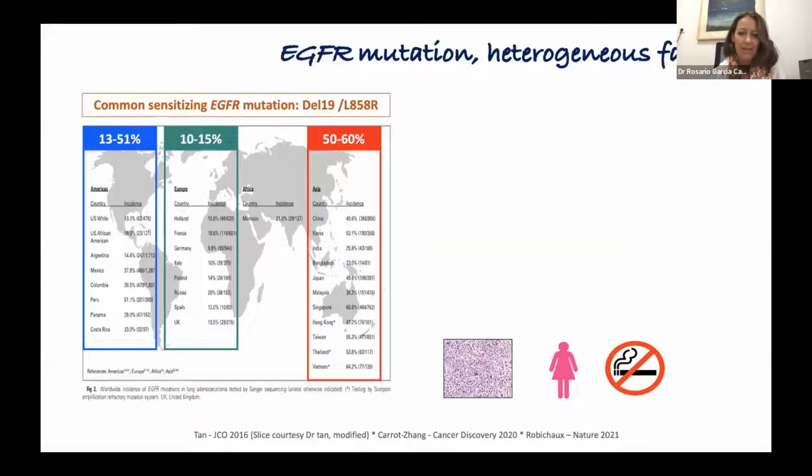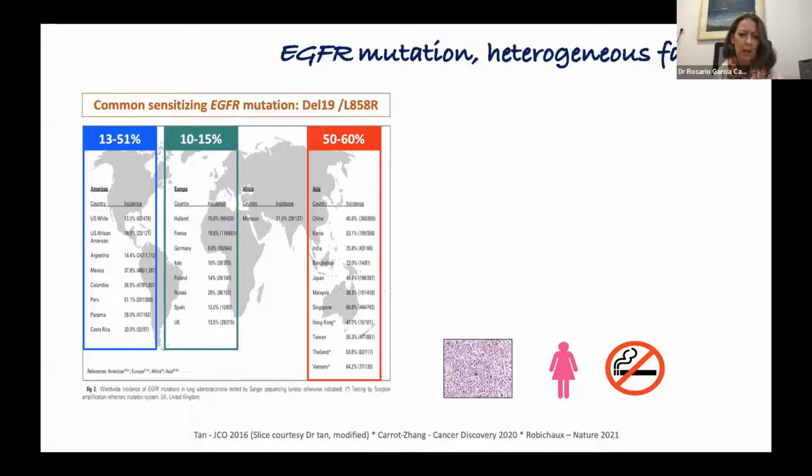Since then, there have been many things and increasing knowledge in the field. We know that EGFR mutations can be a heterogeneous subgroup of patients. When we talk about this alteration, we usually talk about the common sensitizing mutations, exon 19 and 21.